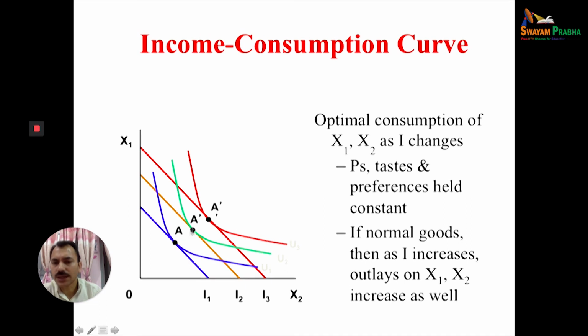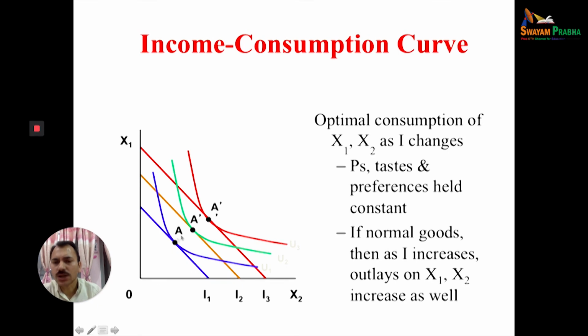So A1, A2, for example, are the consumer equilibriums. We have to assume that taste, preferences and prices remain constant and the goods are normal. This is very, very important.